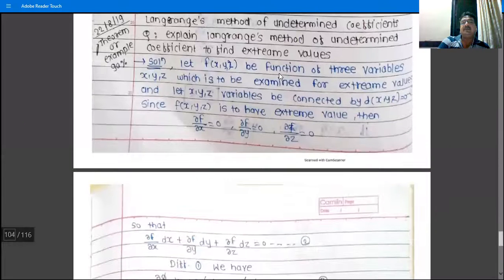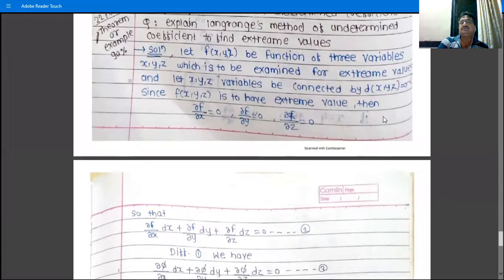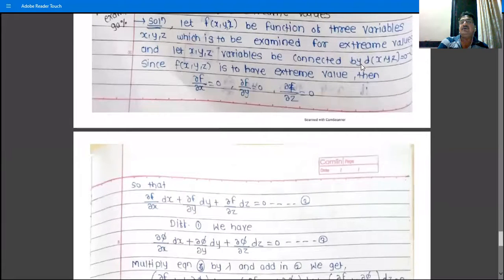So let f(x,y,z) be a function of three variables x, y, z, which is to be examined for extreme values. That is, we have to find the extreme value of the function f(x,y,z). And let the variables x, y, z be connected by a relation, g(x,y,z) equal to 0.